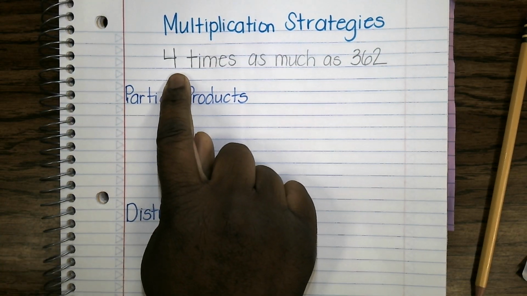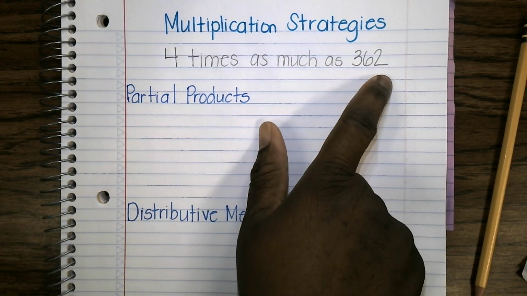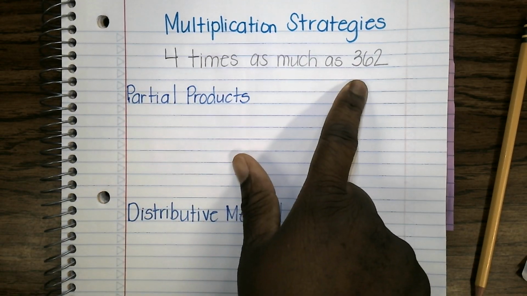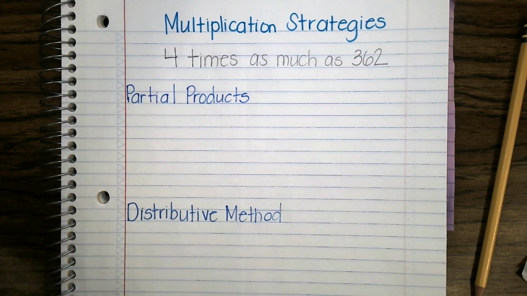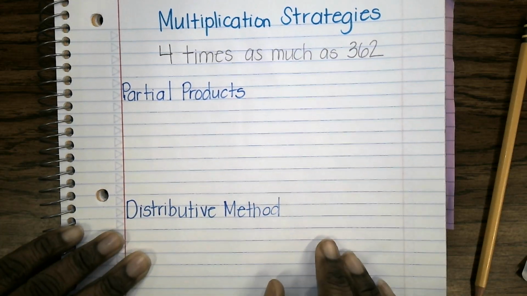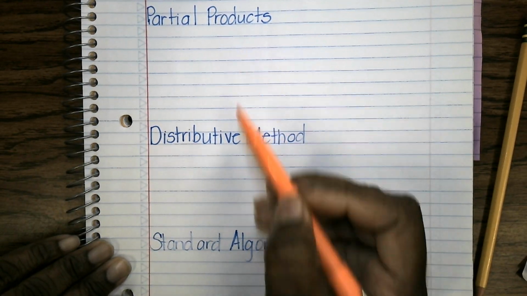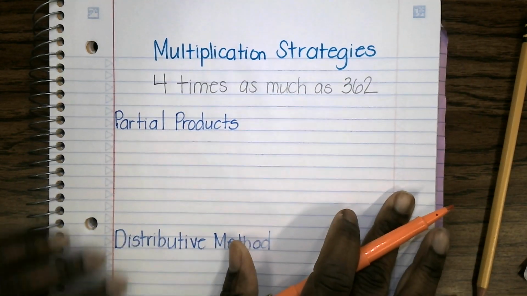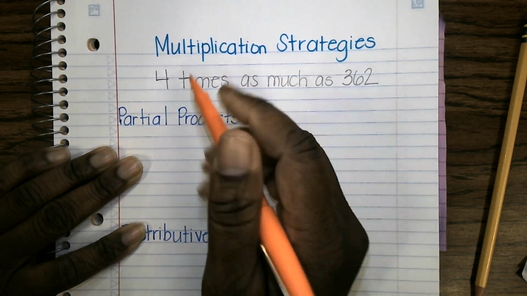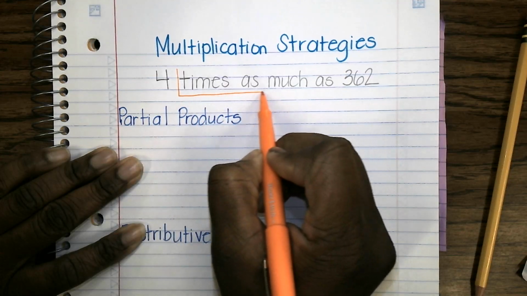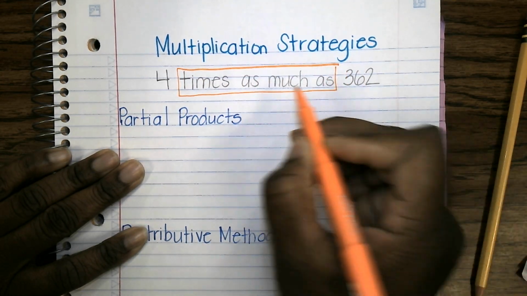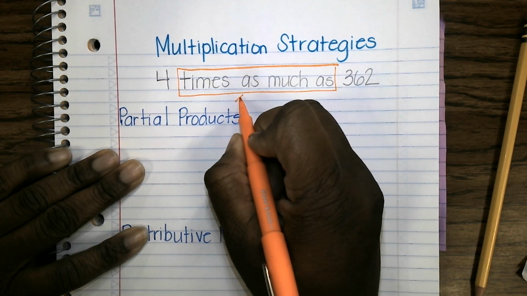So my problem is 4 times as much as 362. We need to turn that into an expression for multiplication, and so this problem will serve as the one that I'll use each of these strategies for. I'm going to start with partial products, but first we're going to turn this 4 times as much as, or times as many as, which lets us know that it's multiplication.